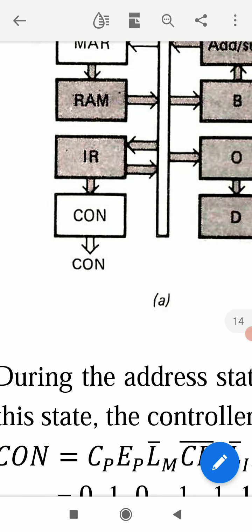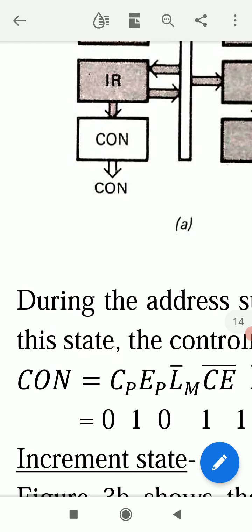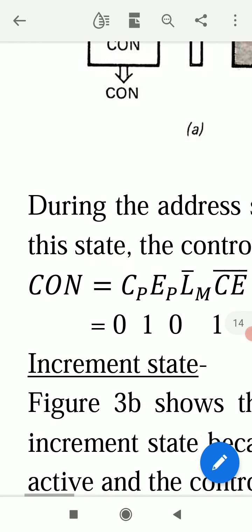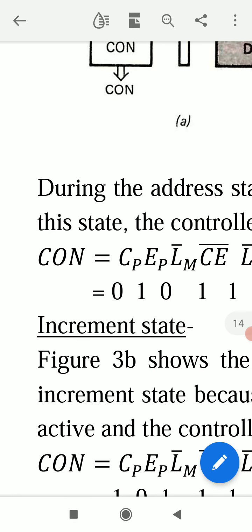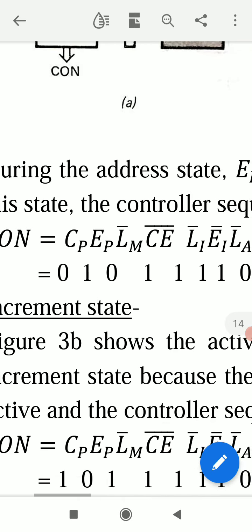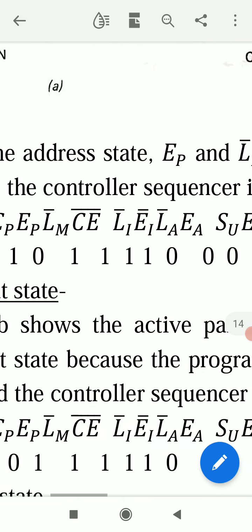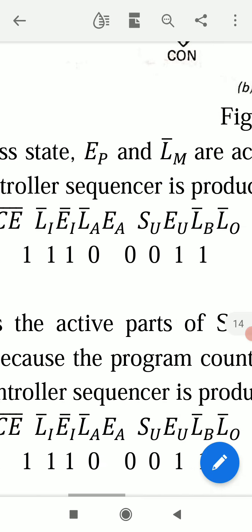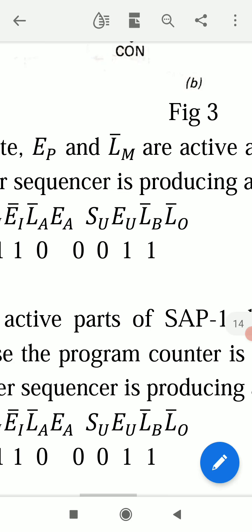The controller sequencer CON produces a 12-bit control word: CP, EP, LM bar, CE bar, LI bar, EI bar, LA bar, EA, SU, EU, LB bar, LO bar.